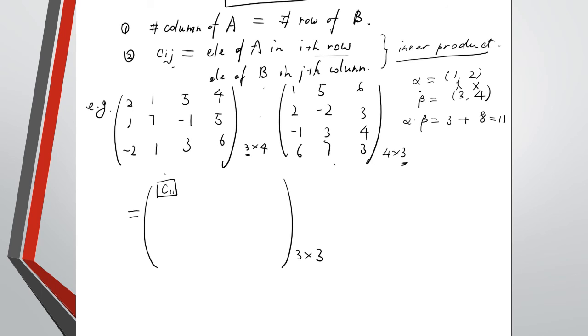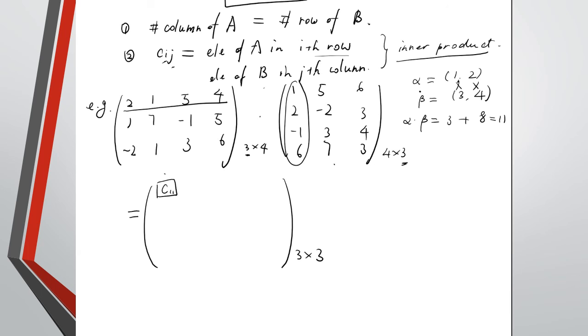So for C11, the first subscript means the first row from the matrix A, right? And the second number, which is also 1, means the first column from the matrix B. So then you can do the inner product of these two vectors.